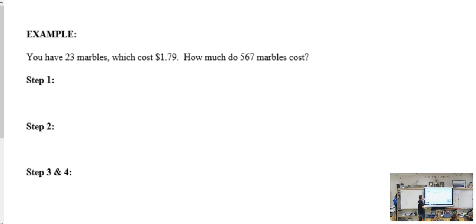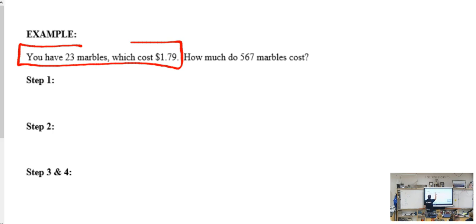But here we go. You have 23 marbles, which cost $1.79. How much do 567 marbles cost? So here we go. Step 1 is to identify the proportions. This is the proportion.